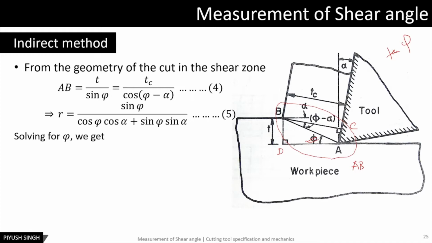So r cos alpha by 1 minus r sin alpha. Others, what do you get? The same, sir. Tan phi equals r cos alpha divided by 1 minus r sin alpha.